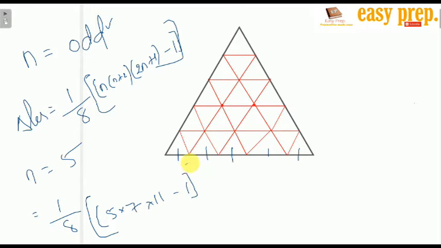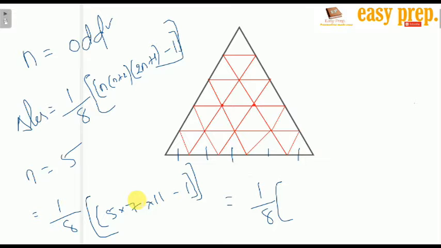Okay, so that will be 1 by 8 into 5 sevens 35, 35 into 11.